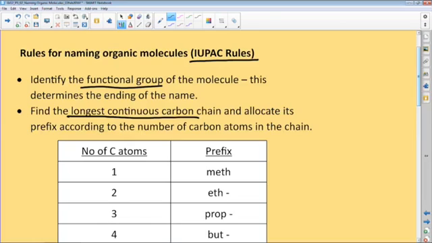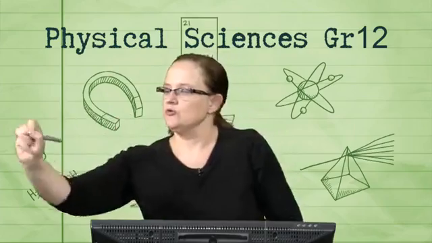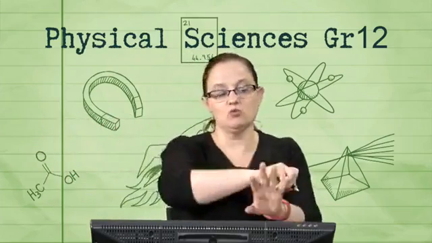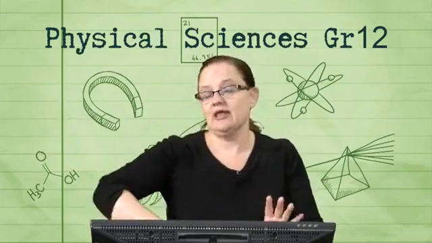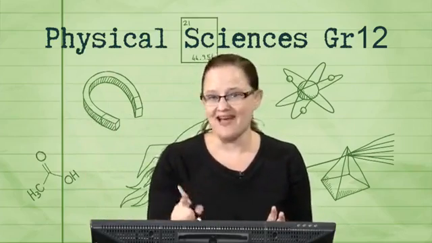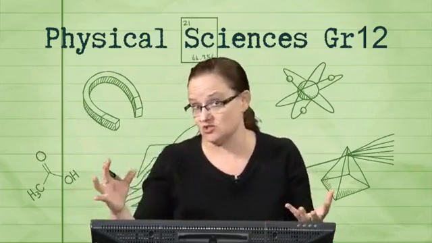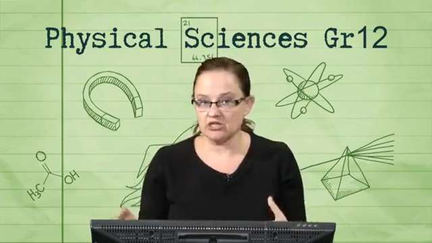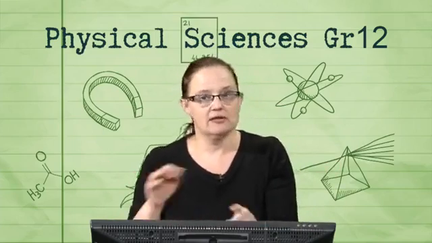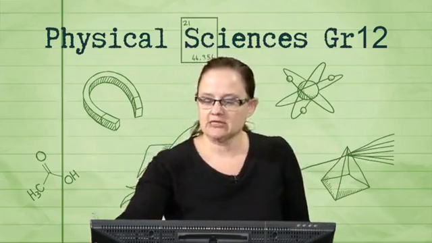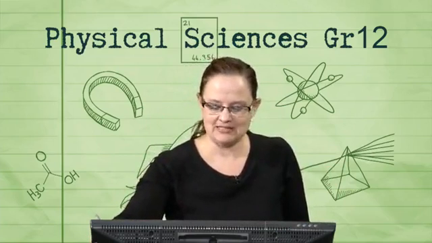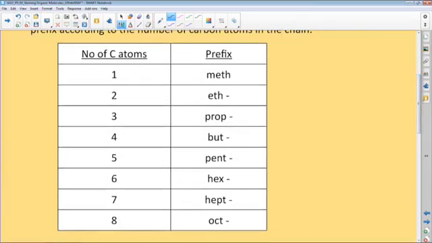This is also known as the parent chain, and here what we're looking at is, if I take a pencil and draw a line from one carbon to the next, I can draw it without skipping over an empty space, and without going through a hydrogen or another type of atom, like an oxygen, okay? That's the longest chain, and it doesn't have to be straight. It can absolutely be bent. And then we get a maximum of 8. You must learn these prefixes. Meth, eth, prop, but, pent, hex, hept, oct. Okay, you must know them. There's no way around that.